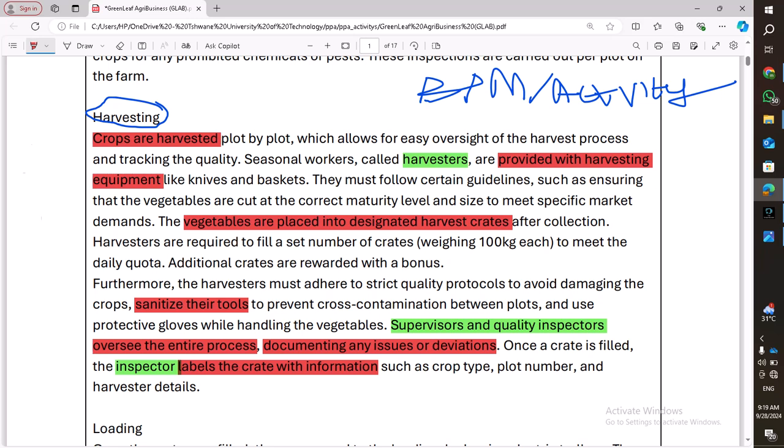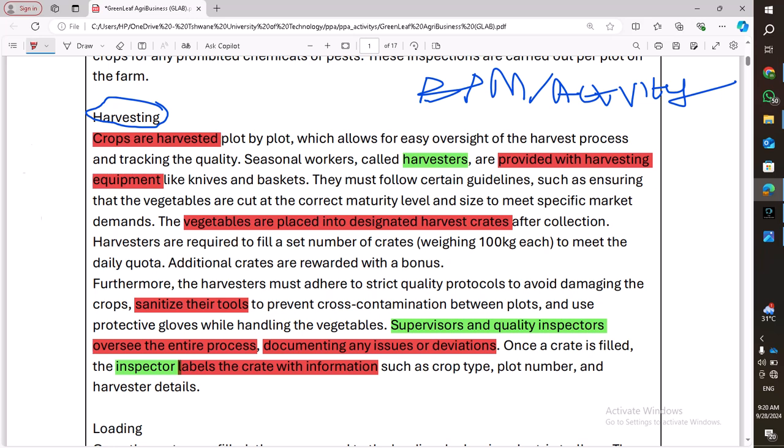Seasonal workers called harvesters are provided with harvesting equipment like knives and baskets. They must follow certain guidelines, such as ensuring the vegetables are cut correctly, with maturity level and size meeting the specific market demand. The vegetables are placed into the designated harvest trays after collection.